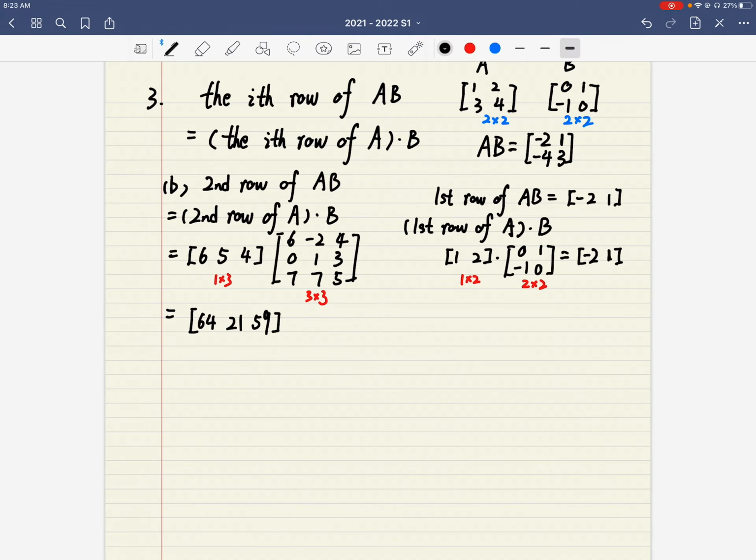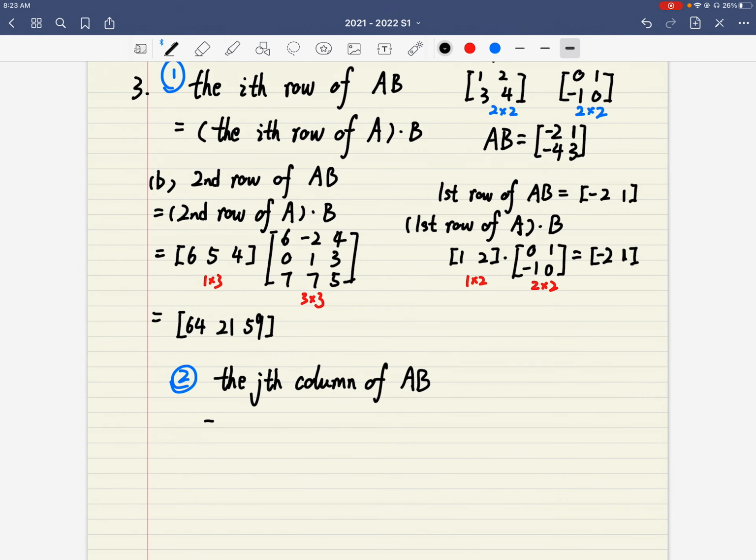Okay, so the ith row of A times B, we know the first formula. And the second formula, naturally, we also have a formula for the jth column of A times B. The jth column of A times B is A times the jth column of B. Right?